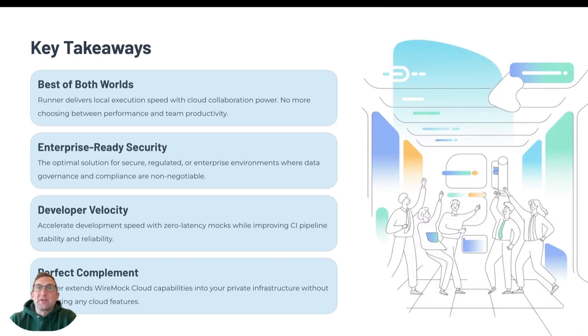You have enterprise-ready security when you run these with WireMock Runner because no traffic ever has to leave your private networks anymore. You get additional developer velocity where we can work completely in code to build, maintain, check in, and deploy mock APIs. And it's a perfect complement to WireMock Cloud.